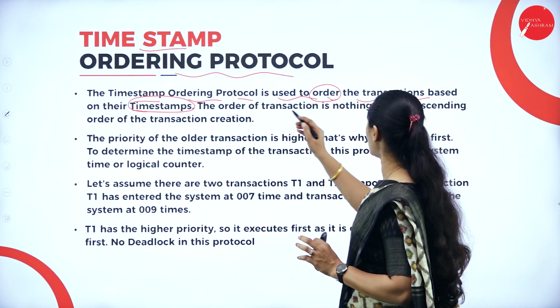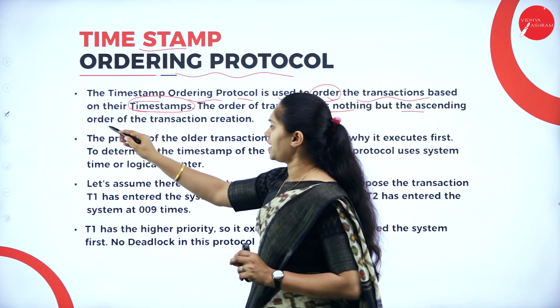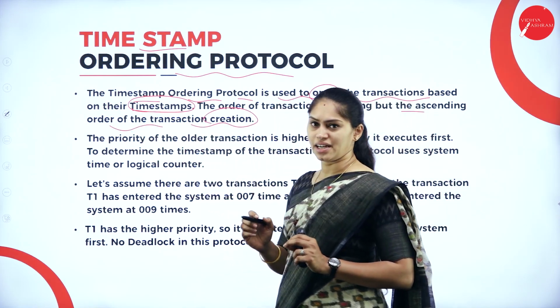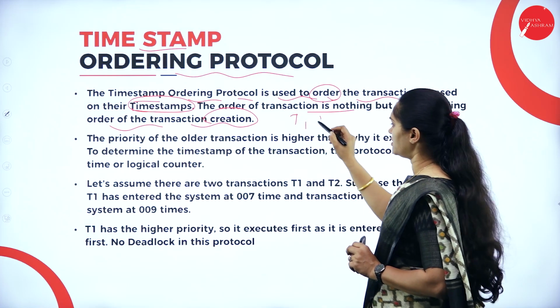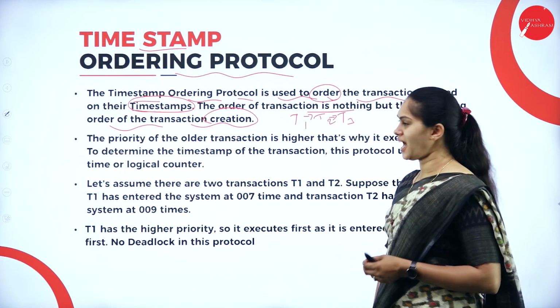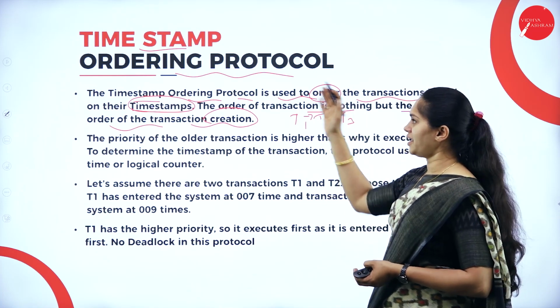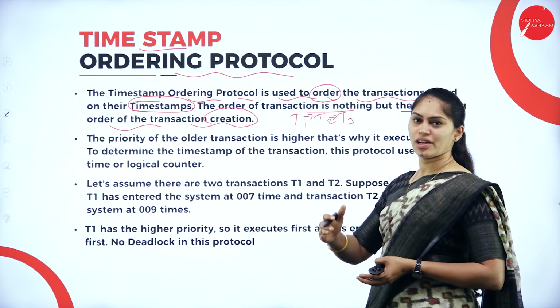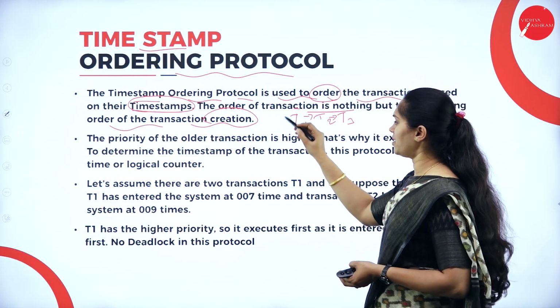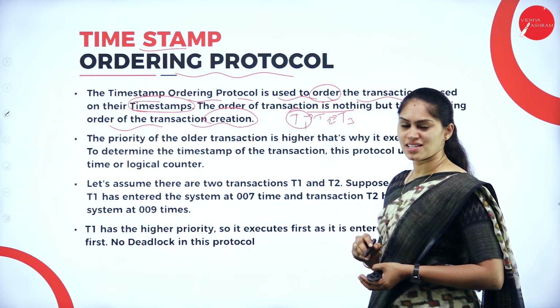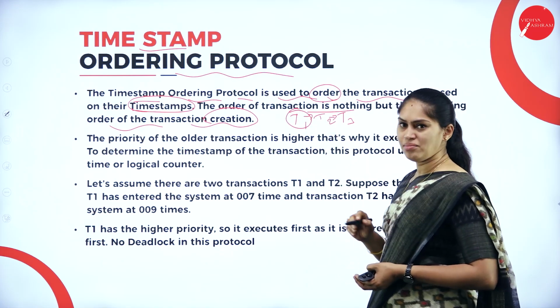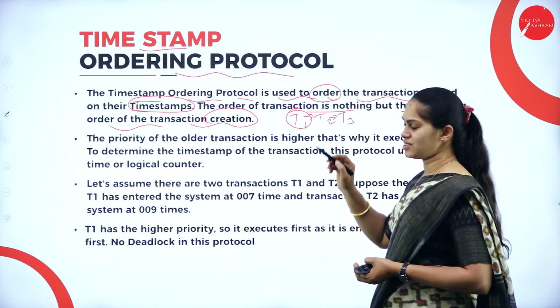The timestamps are always in the ascending order of the transactions created. For example, T1, T2, T3. Here we have three transactions, T1, T2 and T3, and this ordering is always going to be in ascending order. So T1 is going to execute its transaction first for a certain time, and it is going to release the resources.